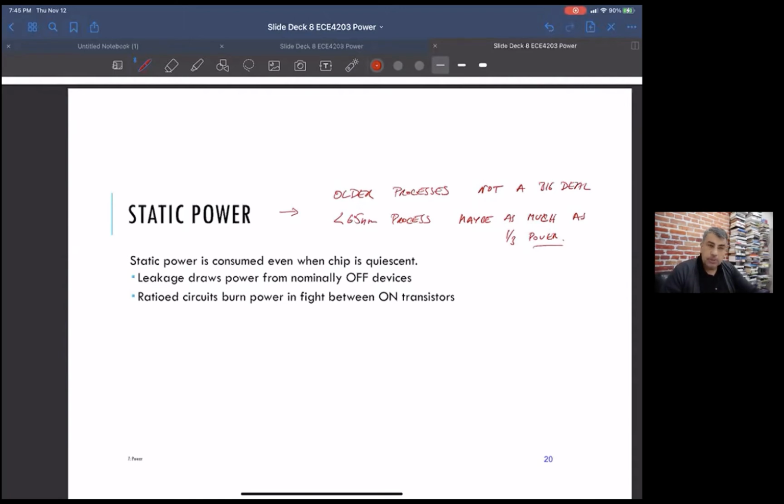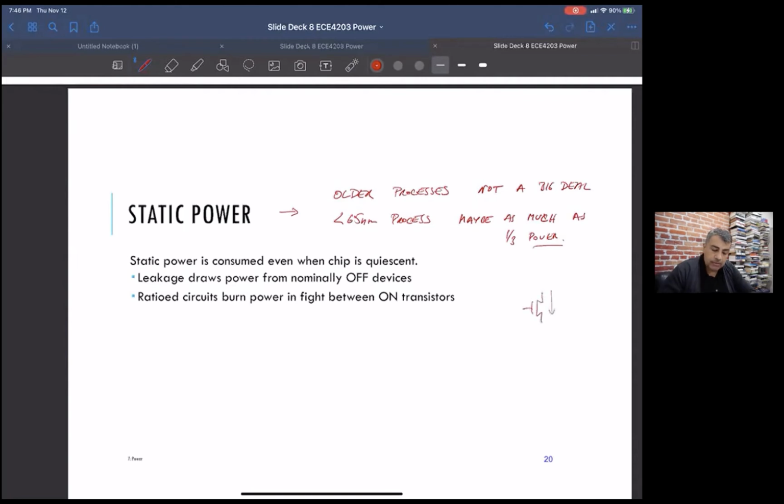Well, we'll see. In newer processes, it's not just that the number is very high, all of that is part of it, but even for the same number of devices, the power consumption goes up, because a big part of the leakage current is the off transistors leaking.